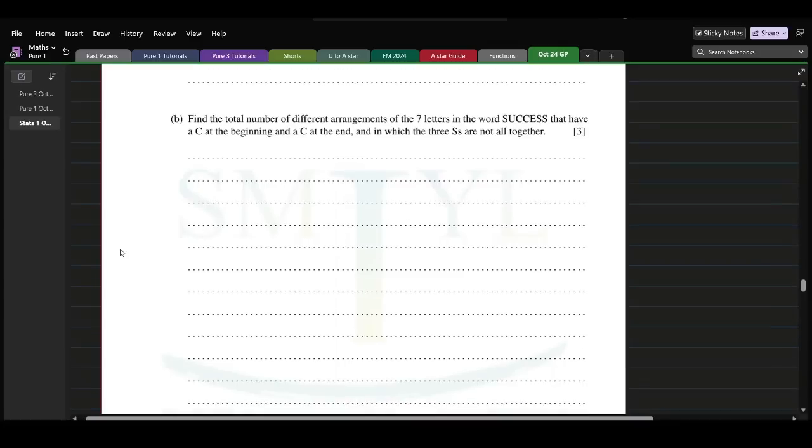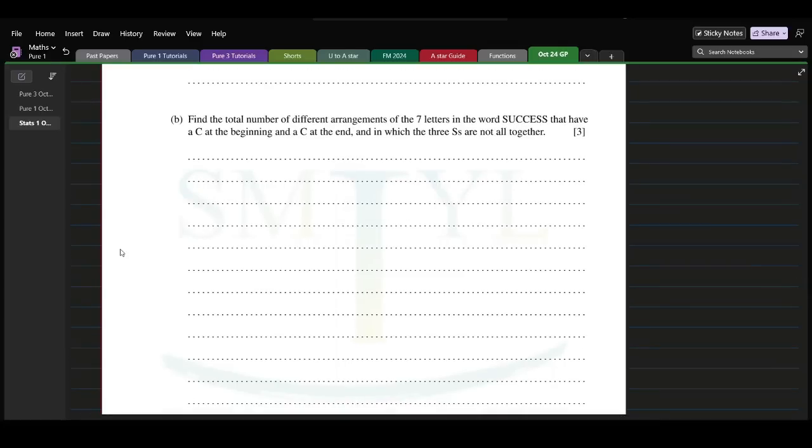Part B. Find the total number of different arrangements of the 7 letters in the word success that have a C at the beginning and a C at the end, and in which the 3 S's are not all together.